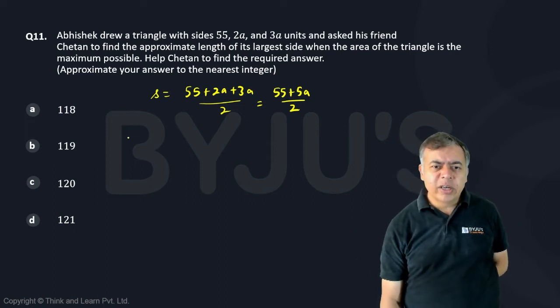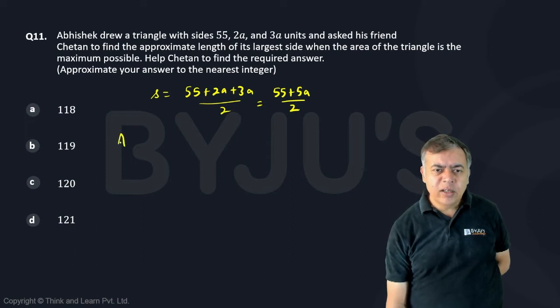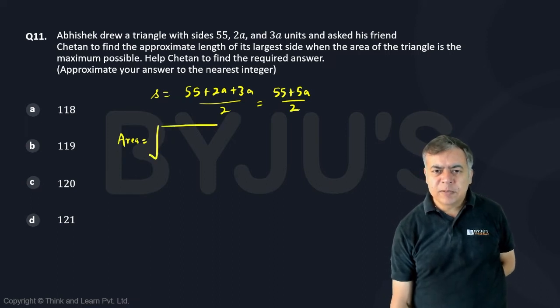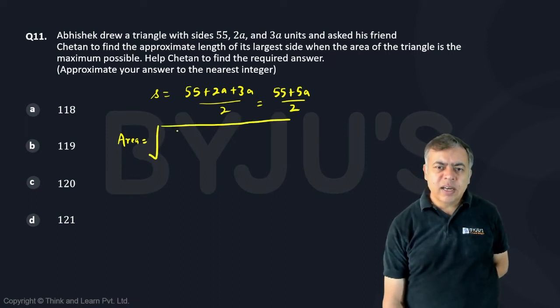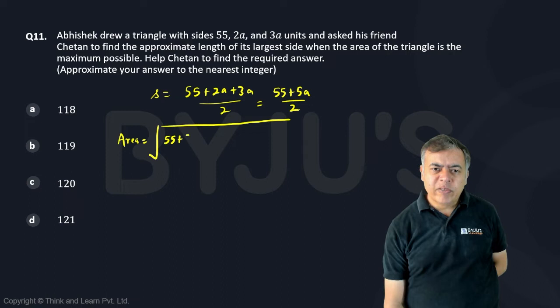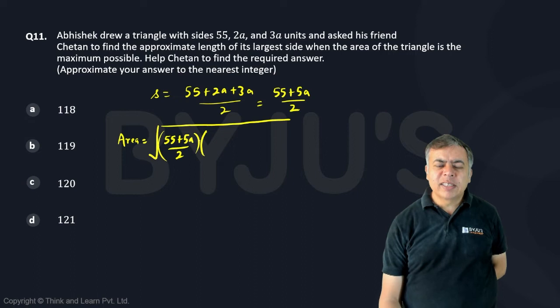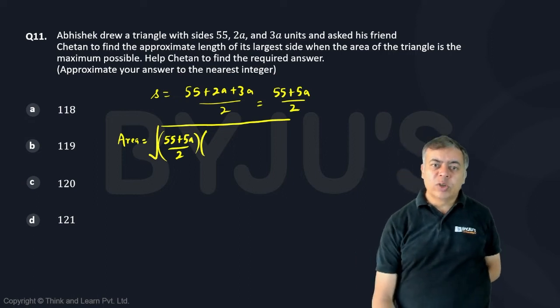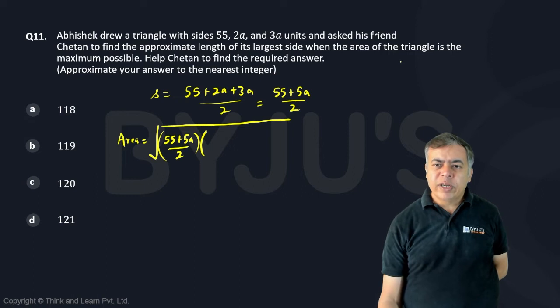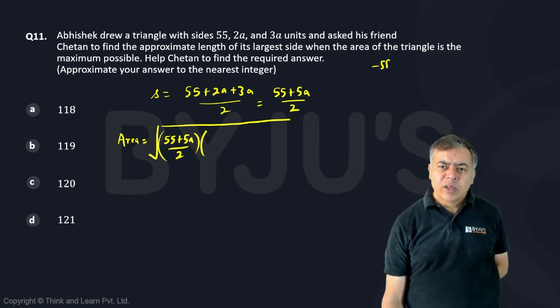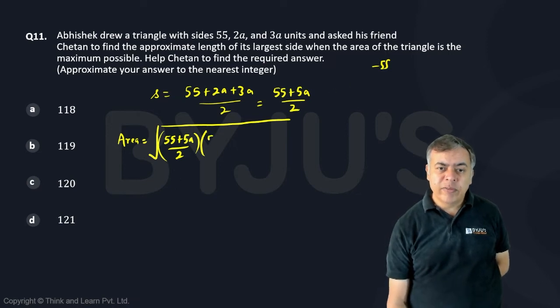Now the area, according to Heron's formula, is the square root of S times (S minus a) times (S minus b) times (S minus c). S is (55 plus 5a) by 2. S minus 55 becomes (5a minus 55) by 2.